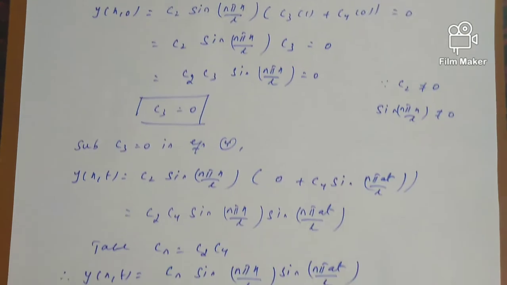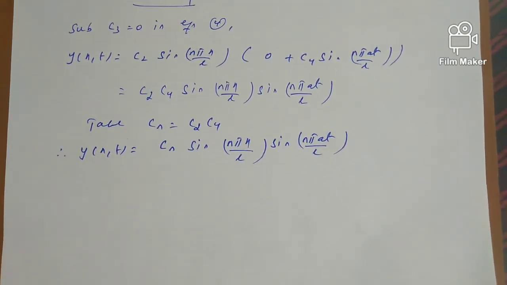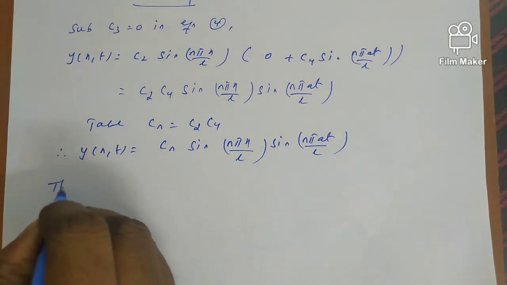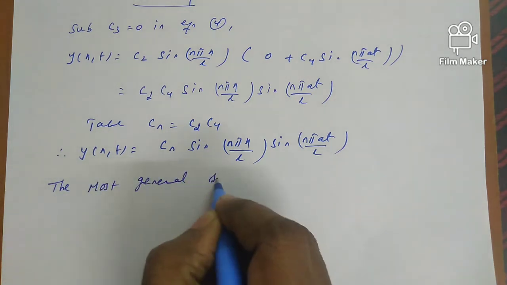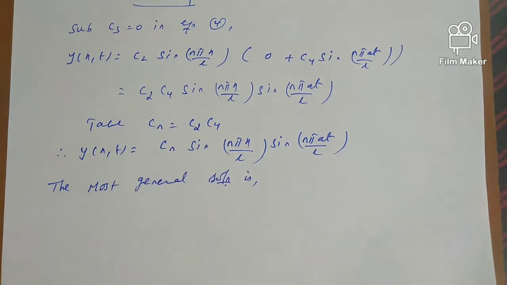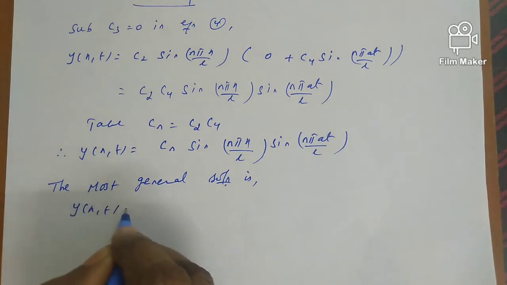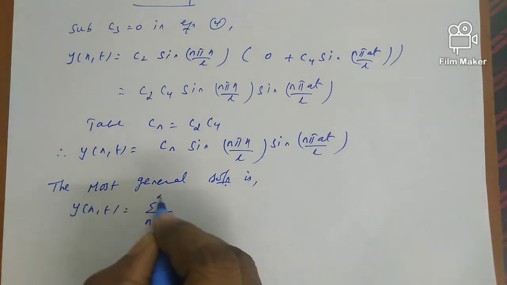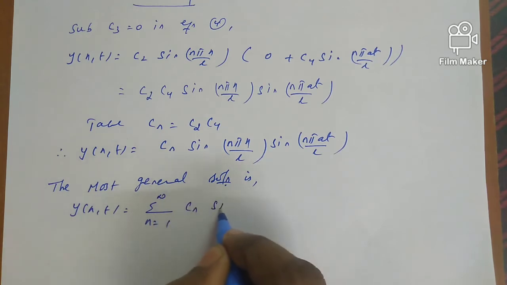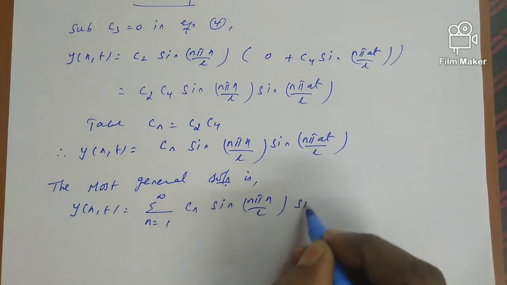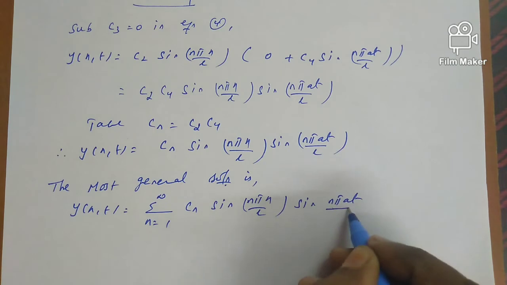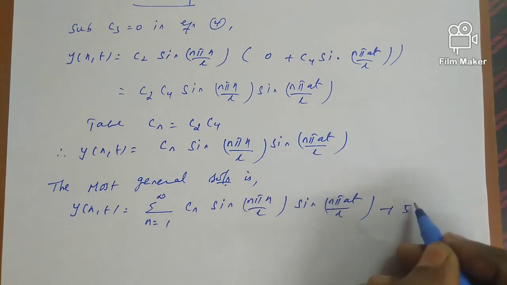So after this we have to write the sentences. So by the superposition principle we are going to give the most general solution, in the sigma notation, that is y of x comma t equal to sigma n equal to 1 to infinity Cn sin n pi x by L into sin n pi at by L. We can call this equation number 5.